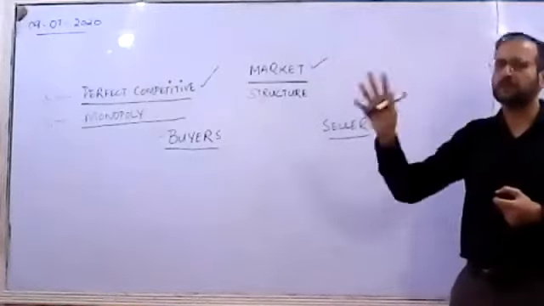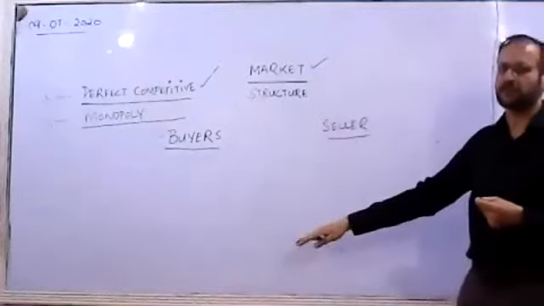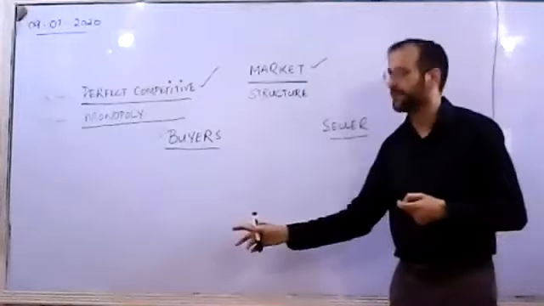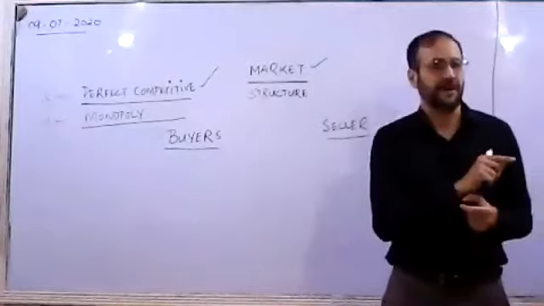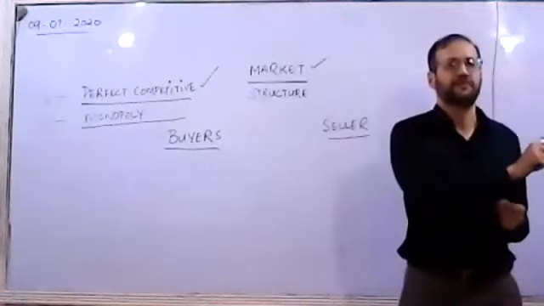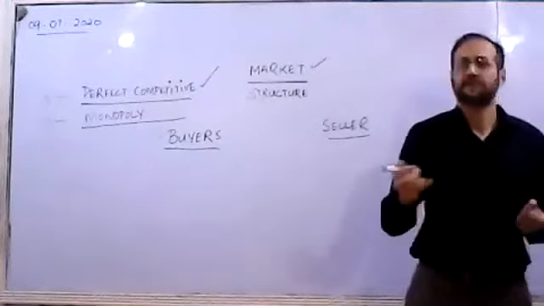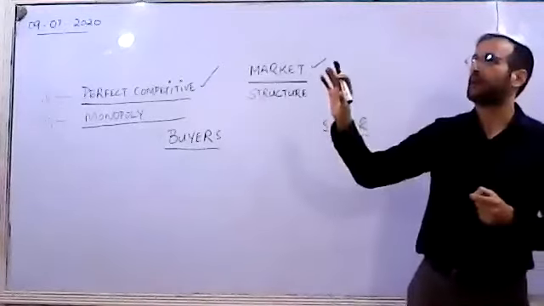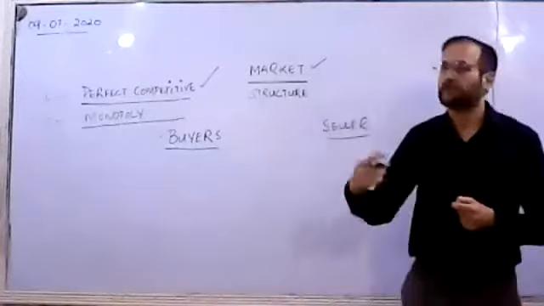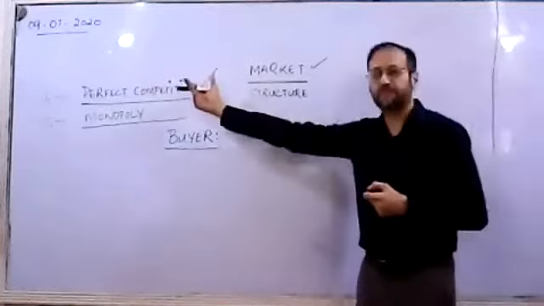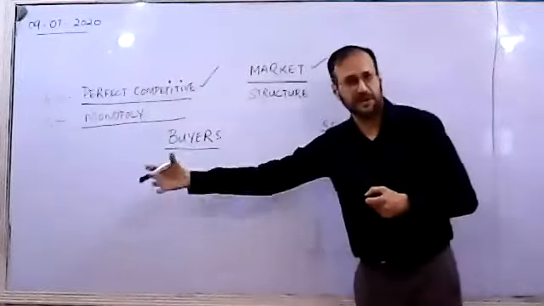By the end of this whole topic, the market structure, we will be able to identify which structure a market belongs to. Like somebody asks you: you go to a mobile market where you find buyers and sellers. Do you think the mobile market is perfectly competitive, or is it a monopoly, or is it something else?